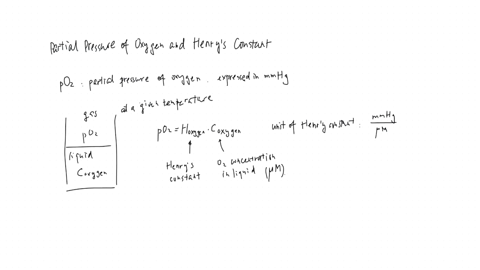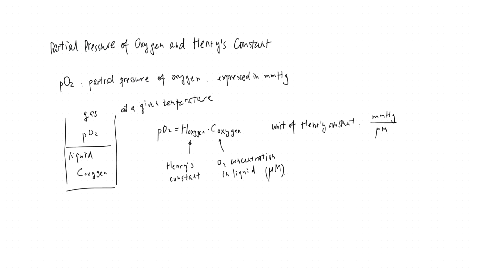This is because as temperature increases, it has a large impact on the kinetic energy of gas molecules. So this reduces their tendency to remain dissolved. And for oxygen in water, let me just give you some intuition of what Henry's constant looks like and how it differs by temperature.